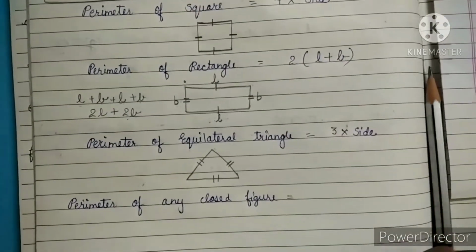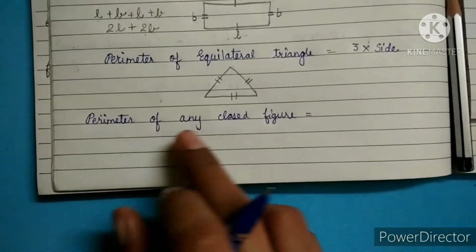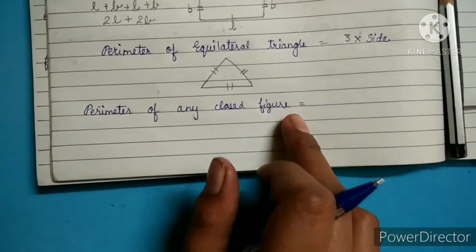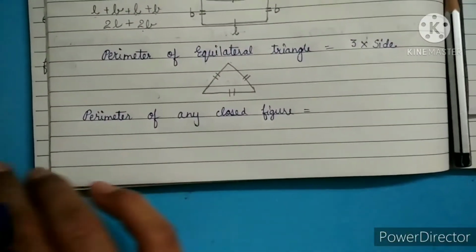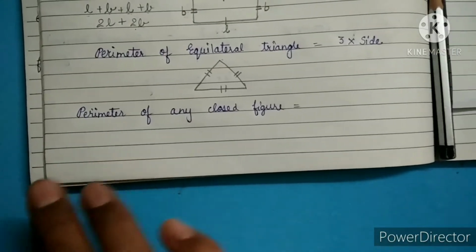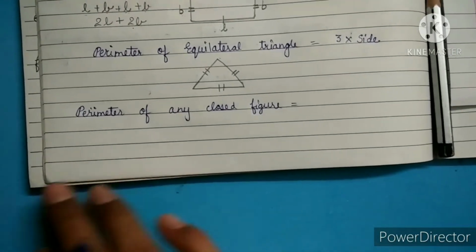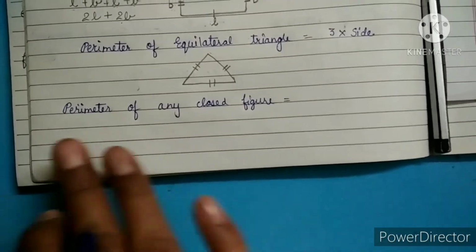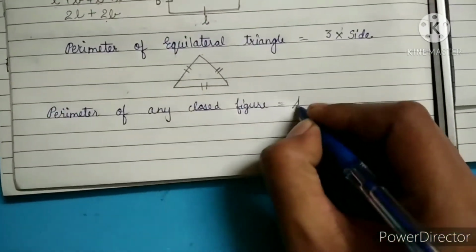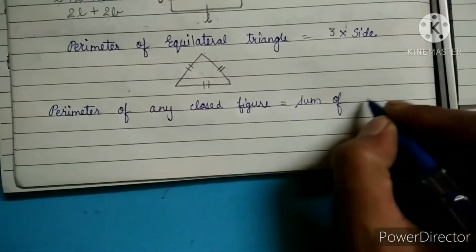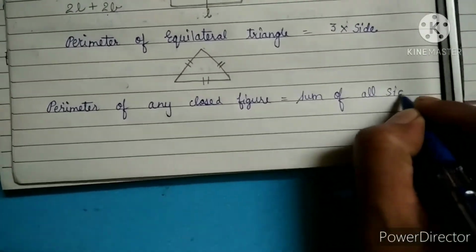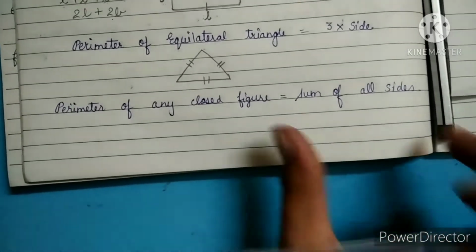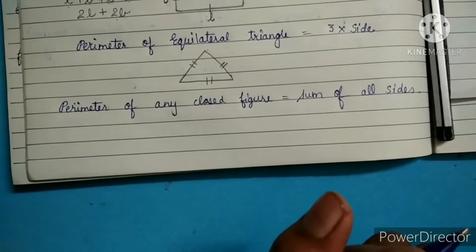Now if we have any closed figure which does not have all sides equal, where all sides are different from each other, what will we do? We will simply take the sum of all sides.